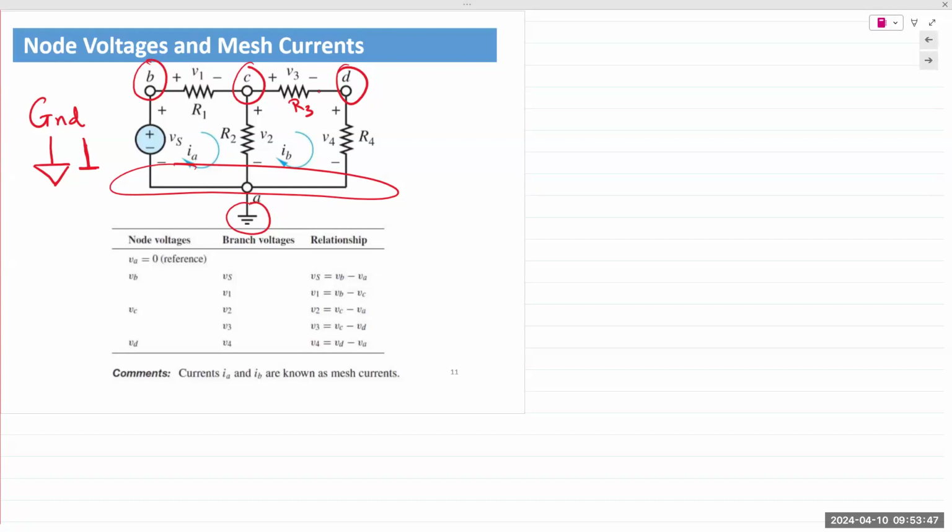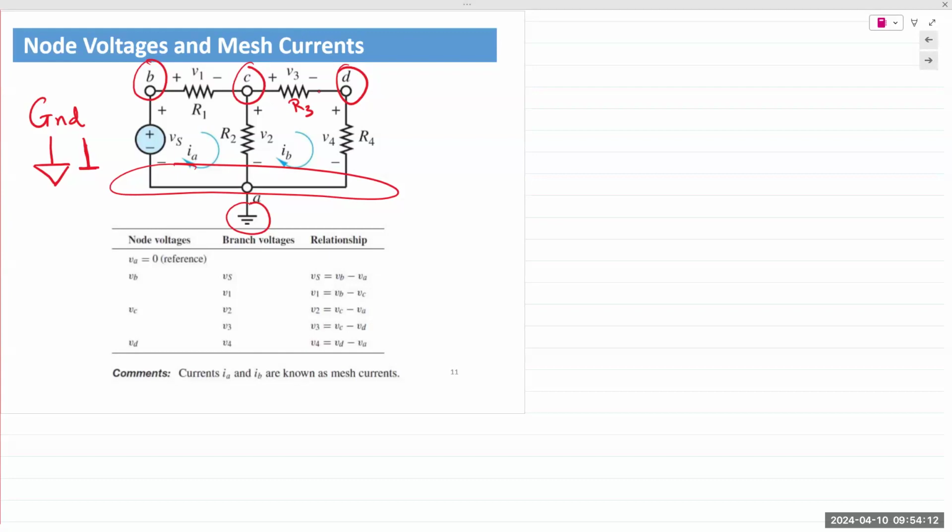With 2 subscript notation, VAB meant A is plus, B is minus, voltage measured at A with my reference at B. Or VBA would mean voltage measured at B with my reference point at A. Everybody remember that, right? Node voltages use a single subscript notation.